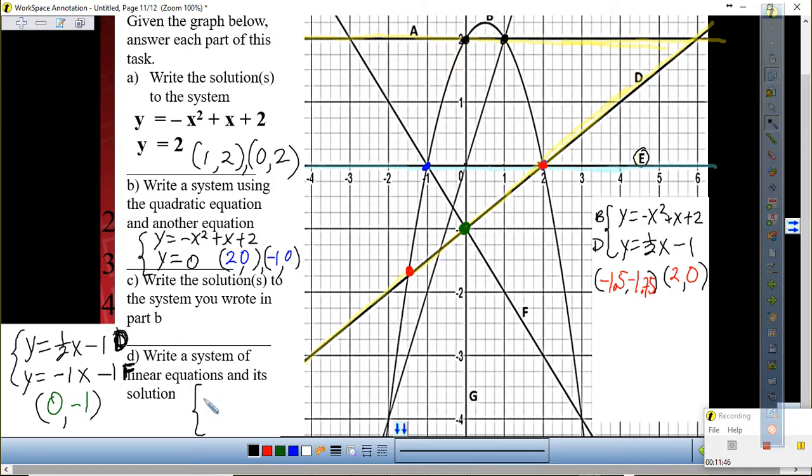Rafa, give me another system. Y equals 2. Okay, so we have 1, 2, negative 1 half x. I don't think we have that one.